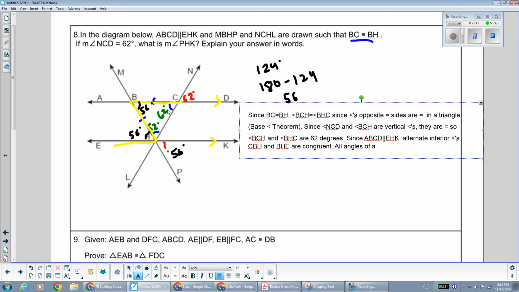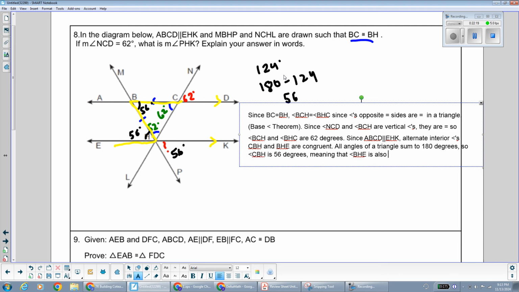All angles of a triangle sum to 180 degrees. So angle CBH is 56 degrees. And we showed the calculations for that over here. Meaning that angle BHE is also 56 degrees.